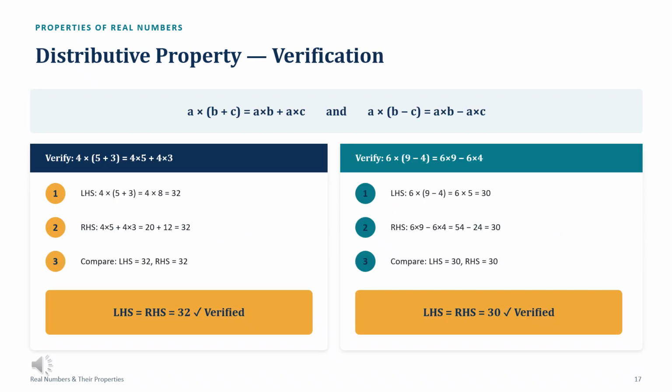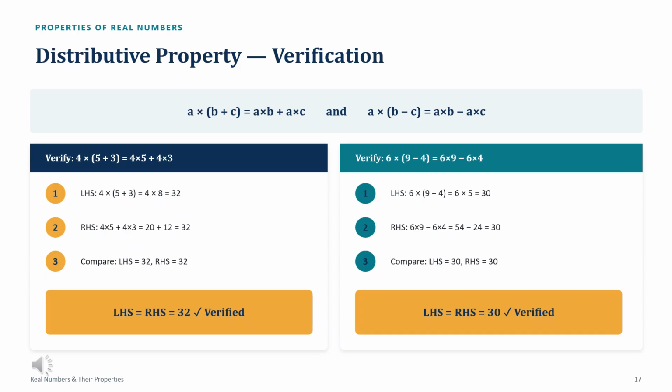The distributive property connects multiplication with addition and subtraction. A times, in parentheses, b plus c equals a times b plus a times c, and the same works for subtraction. Let's verify it. First, over addition, 4 times, in parentheses, 5 plus 3 equals 4 times 8, which is 32, and 4 times 5 plus 4 times 3 equals 20 plus 12, which is also 32.